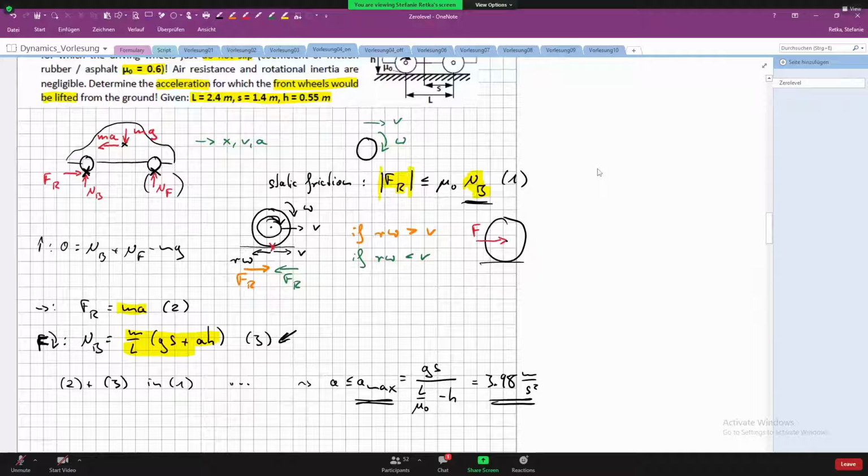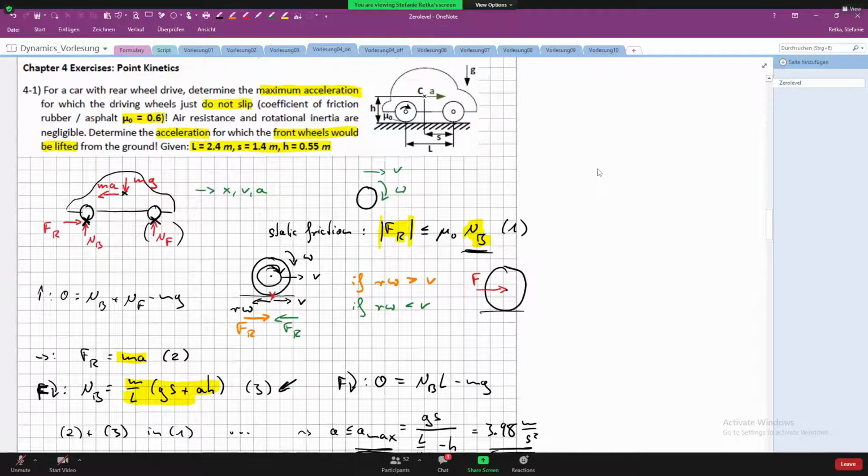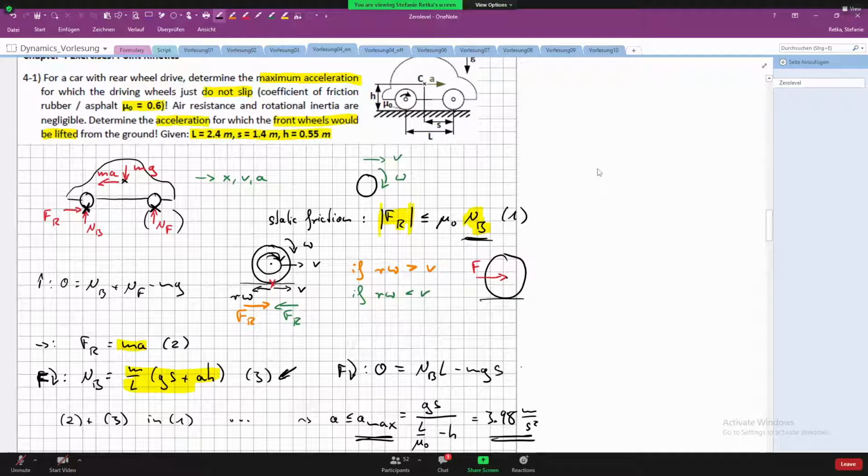Well, I just built the equation of moment with respect to the front wheel. 0 is equal to NB, the normal force on the back wheel, times L. Force of friction has no effect, but gravity in opposite direction, minus mg, and the distance is s, and minus ma with height h. And then you rearrange the equation for NB, divide by L.